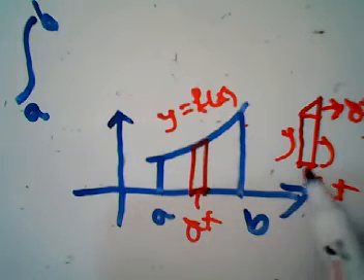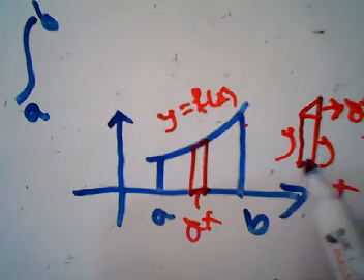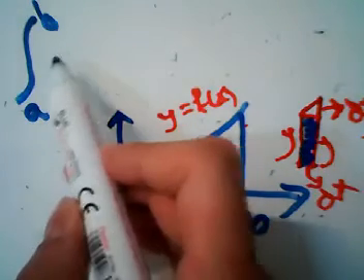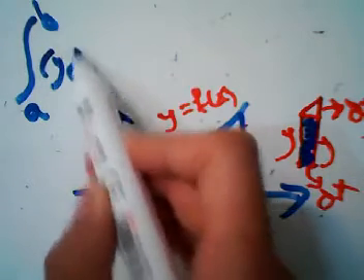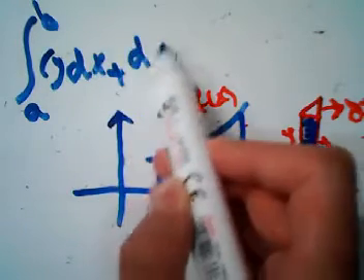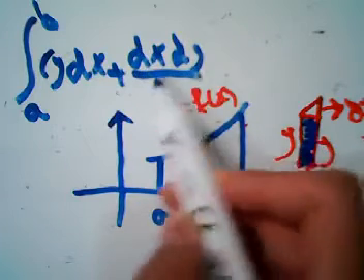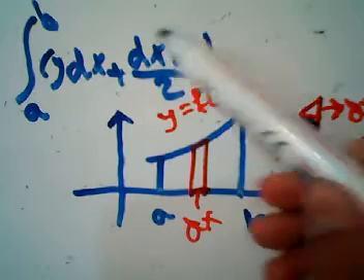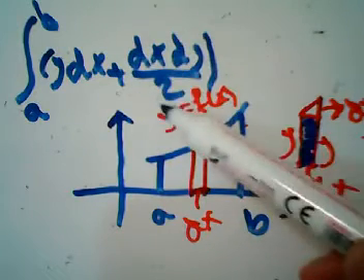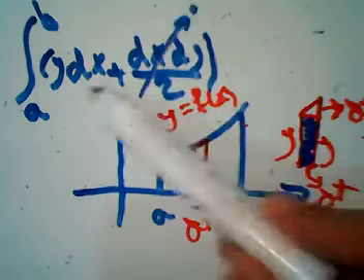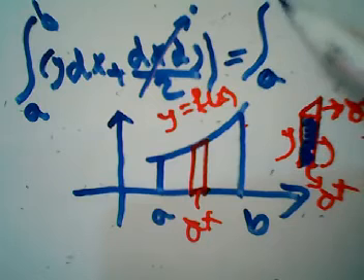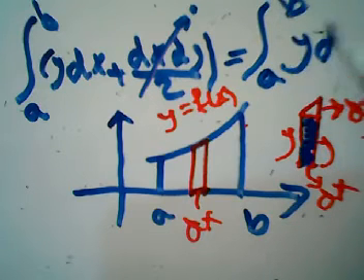And what is this? The area of this is the area of this rectangle plus the area of this little triangle, which is y dx plus dx dy over 2. And again here, this is an infinitesimal of the second order and ignorable with respect to this one. So this is our old integral of y dx from A to B.